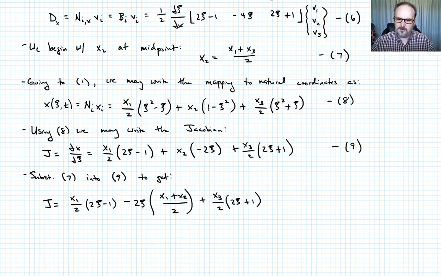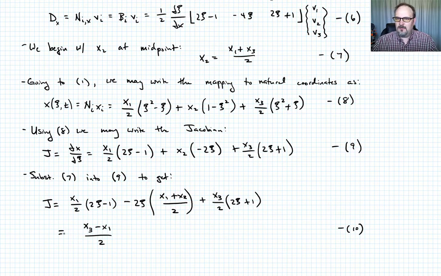So you can see we're going to get some cancellations here. If we do the algebra out, this becomes something very simple, x3 minus x1 divided by 2. That's what you would expect, that's the definition of the Jacobian. There's the length in the real coordinates versus the length in the natural coordinates. So hopefully that's pretty straightforward. It's exactly what we expect. Call that equation 10.